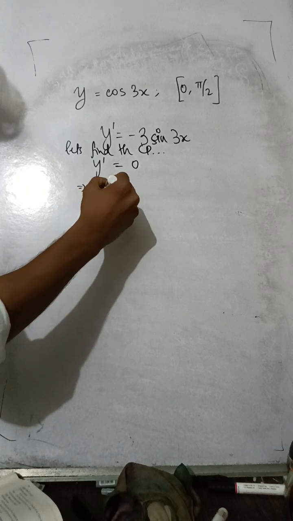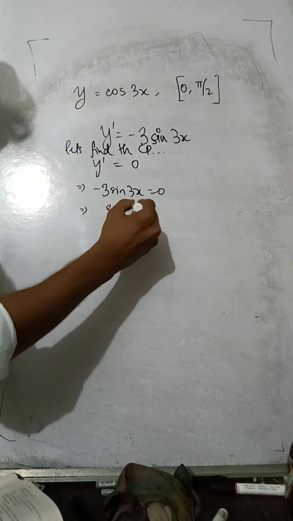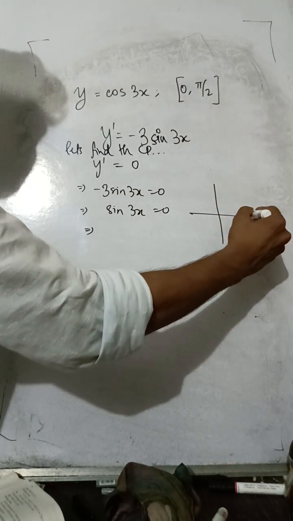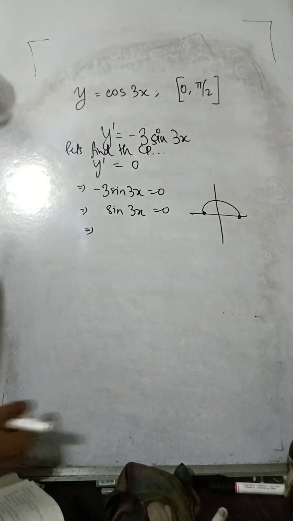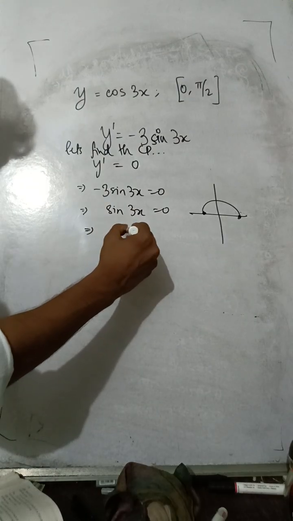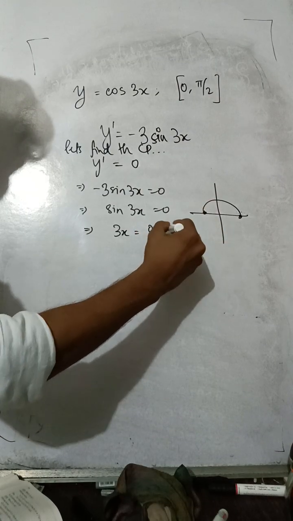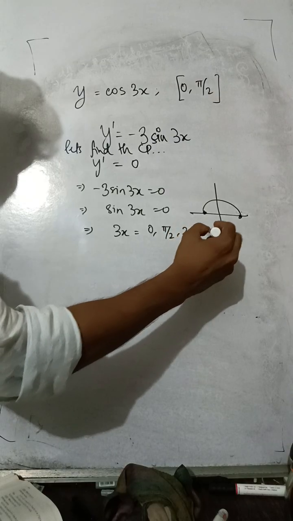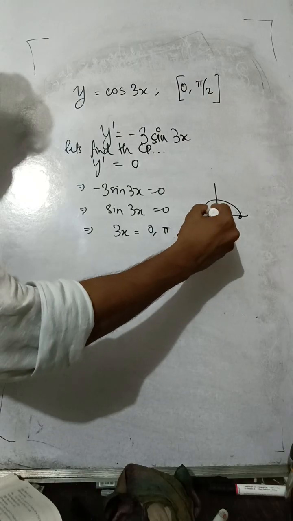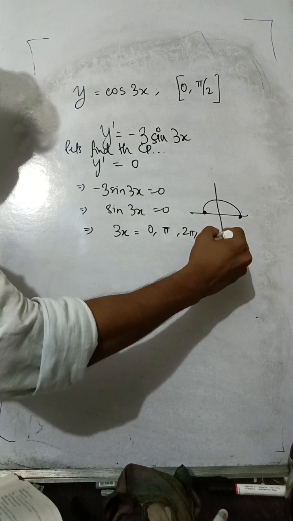Y dash is 0, so minus 3 sine 3x is 0. That means sine 3x is 0. Where is sine 0? Sine is 0 on these two points, on the x-axis. That means our 3x should be 0, pi, 2 pi or 3 pi and so on.